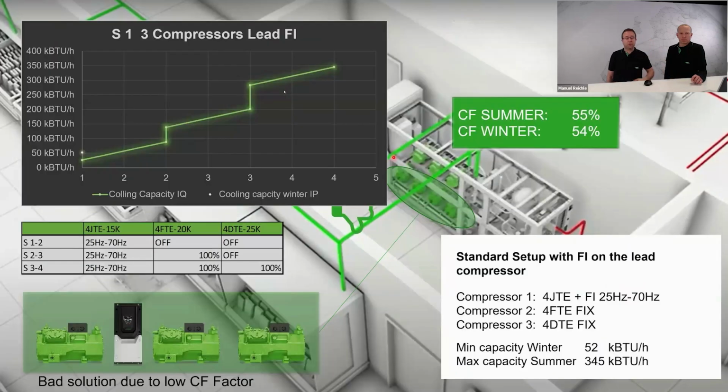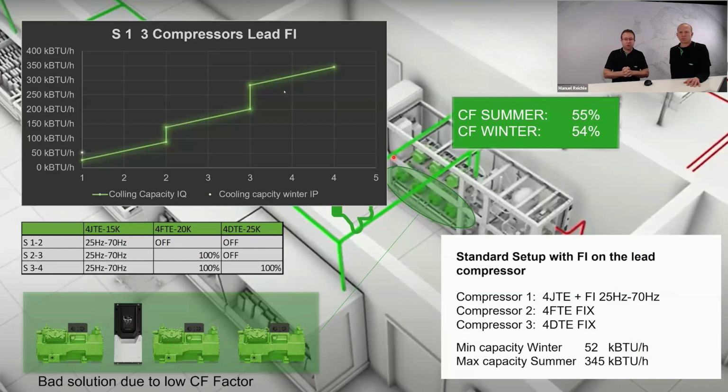If I look now at a first selection done in Europe in some supermarkets, the challenge is I want to have 345 kBTU, but I don't want to spend the space for more than 3 compressors. In this case, they also tried to pay attention that the winter capacity is not so far away from the 40.